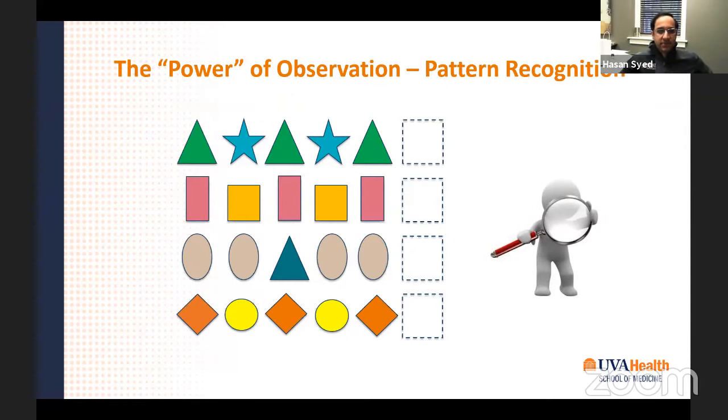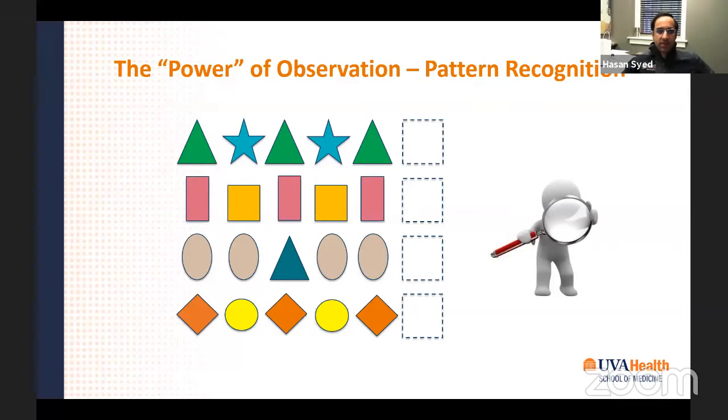So this concept of observation, I just wanted to talk briefly about. It's something that we use in everyday life, in medicine and in non-medical related issues. And observation leads to pattern recognition. And so I drew this diagram here, and all of us can probably fill in what's supposed to be next.